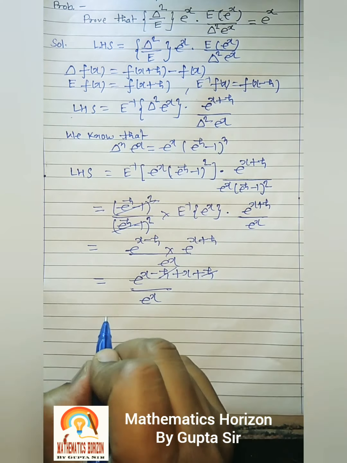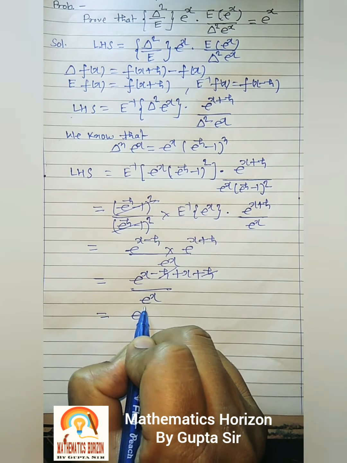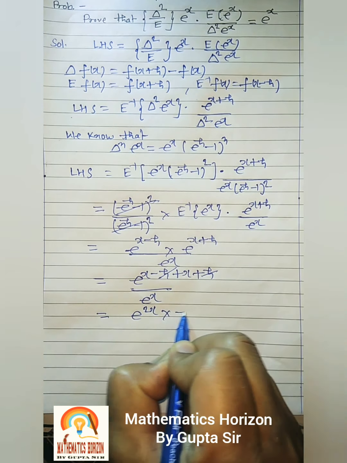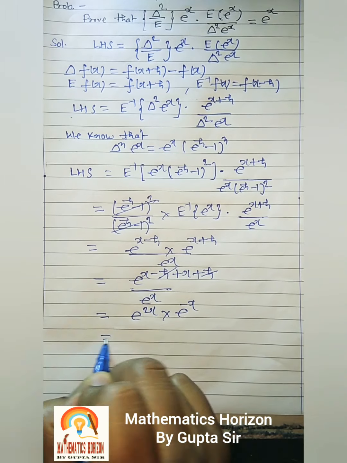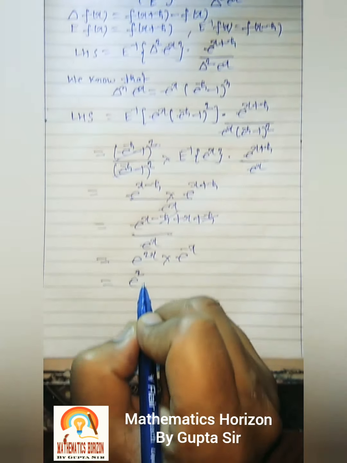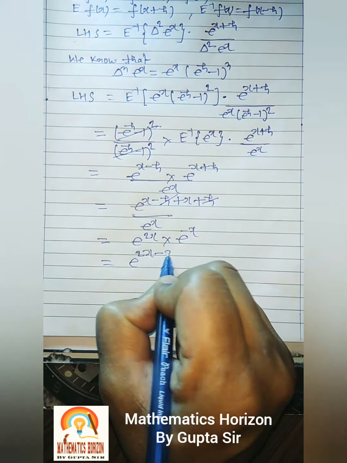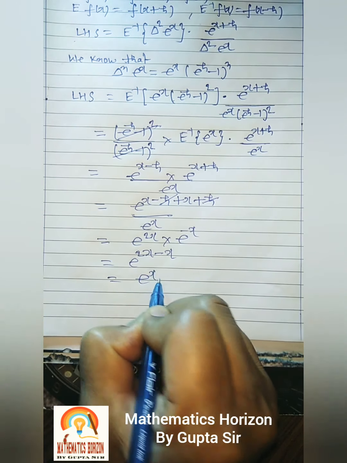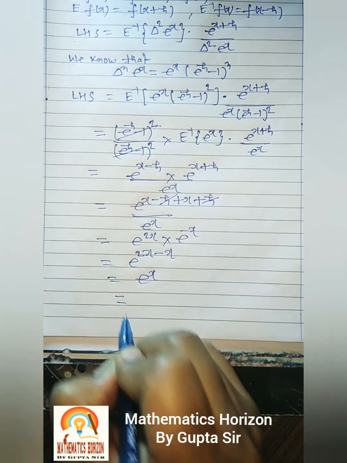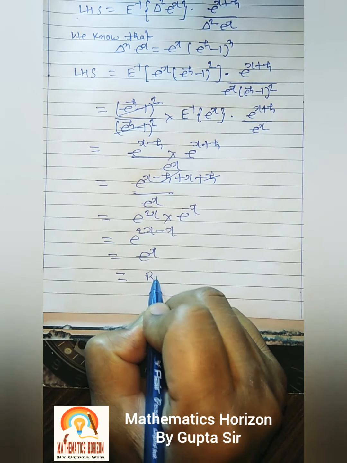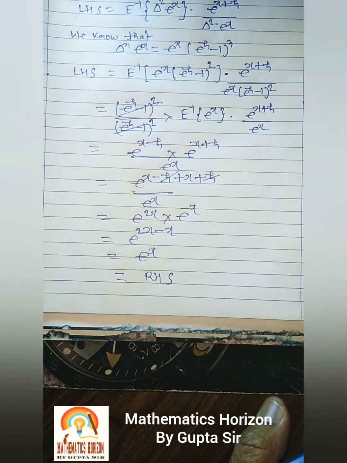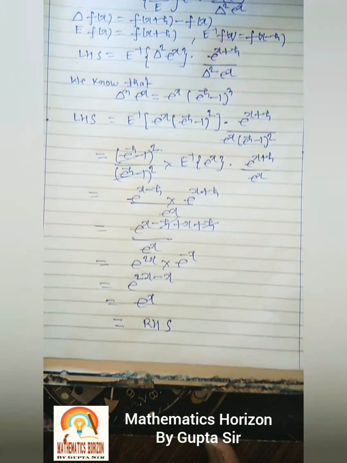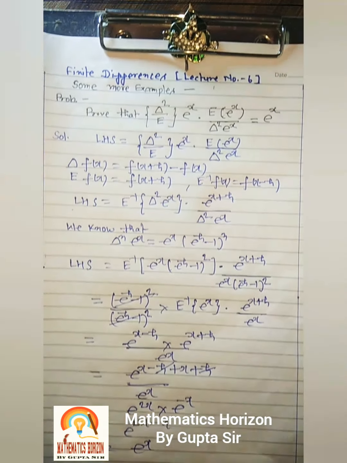Now these two cancel out, that is e^(2x) into e^(-x), that is e^(2x-x), and this is equal to e^x, that is the right hand side. In this way we can solve this problem.